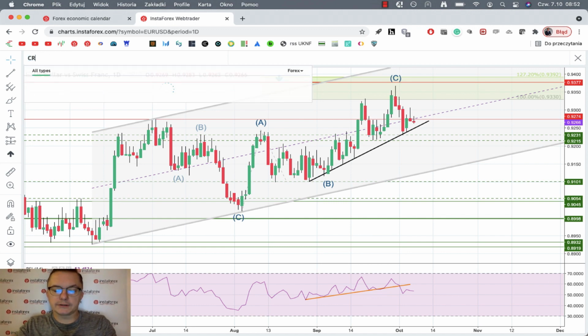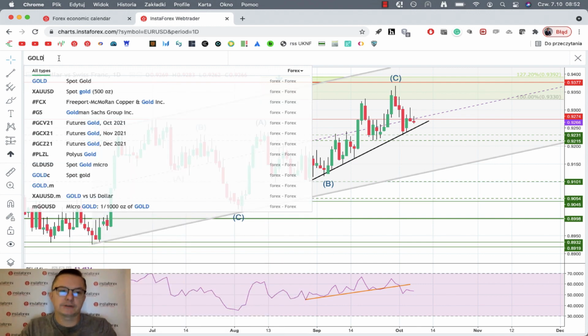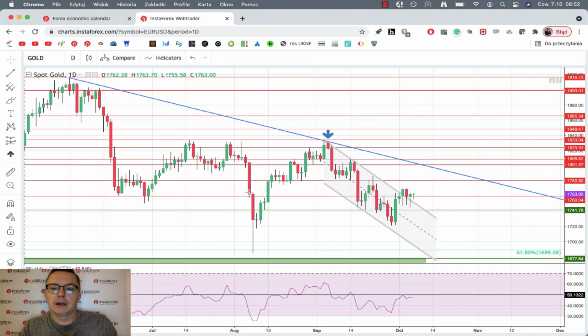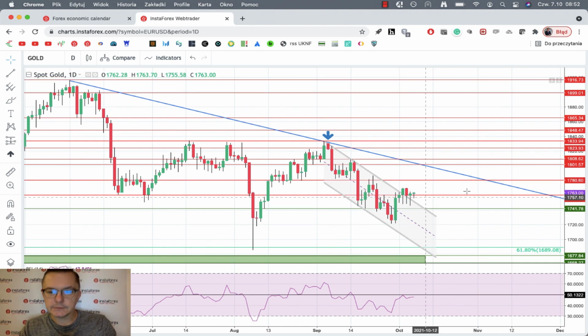What is going on in the spot gold market? Nothing much, as you can see, is going on here. We broke above the upper channel line here, above the technical resistance at 1,762, and the market is heading towards 1,780.